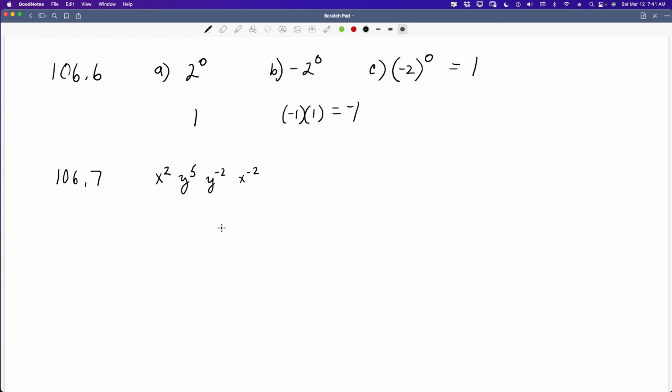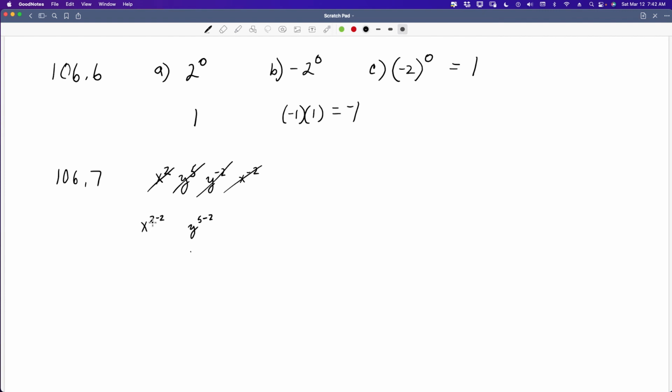I like to use the stacking method that I've talked about before. So I have x squared here, that takes care of that one. And then I have y to the 5th, that takes care of that one. Now I have y to the negative 2, so I'm going to subtract 2 here, takes care of that one. And I have x to the negative 2, so I'm going to subtract that from that exponent here.